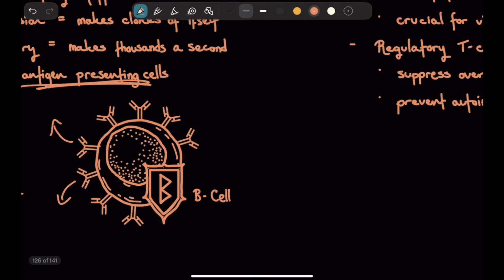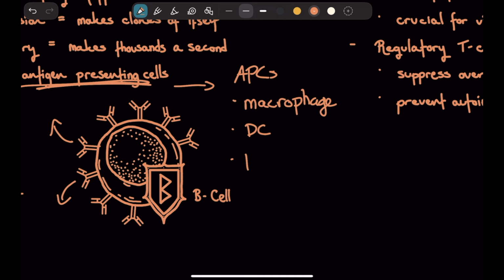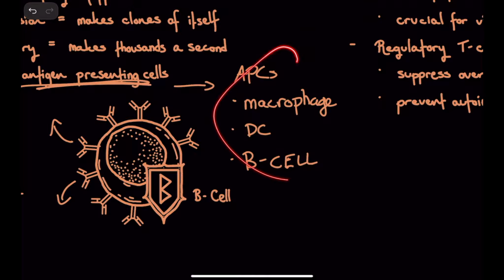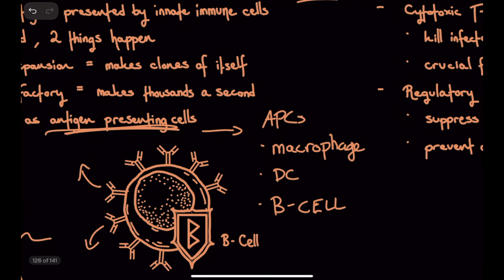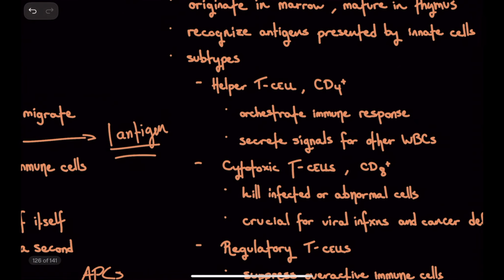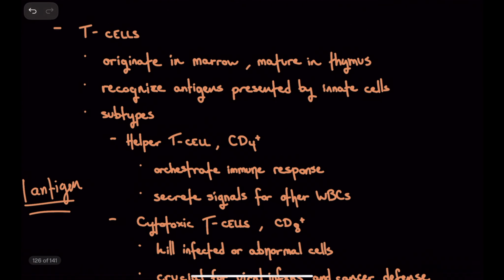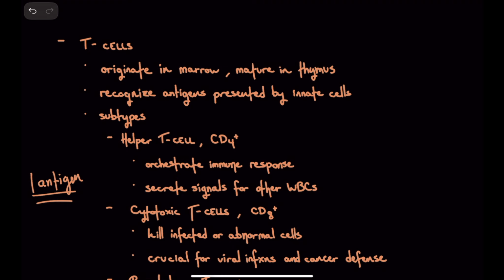So to tie everything back, your antigen-presenting cells, that's your macrophage, your dendritic cell, and your B cell. So those are your three potential APCs. All right. So that's your B cell, and now we're going to finish off with the T cells.